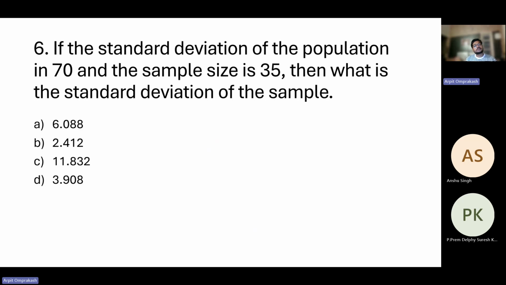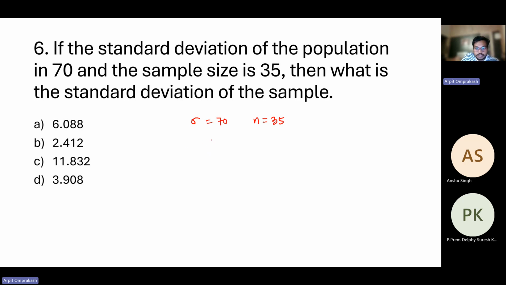Question number 6. If the standard deviation of the population is 70, so sigma is given as 70, and the sample size is 35, so n is equal to 35, then what is the standard deviation of the sample?